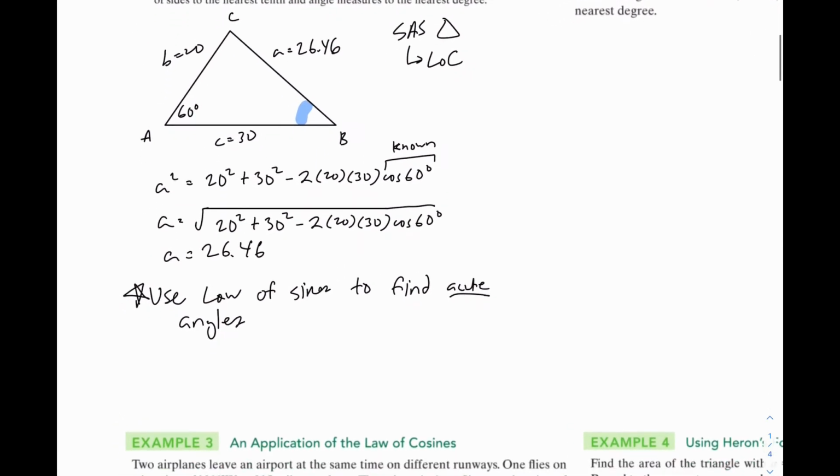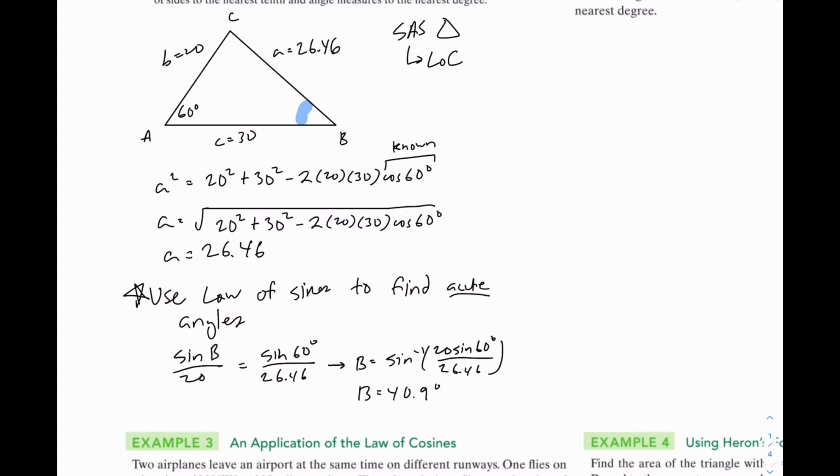So now we're going to write sine of b over 20 is equal to sine 60 over 26.46, which means b is equal to sine inverse of 20 sine 60 over 26.46, and we get 40.9 degrees from your calculator.